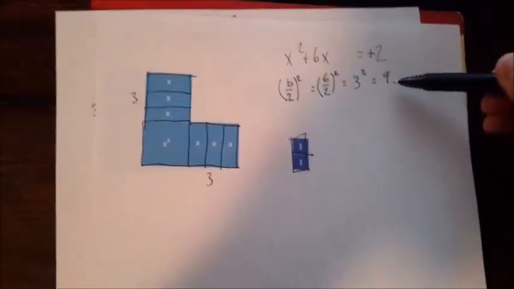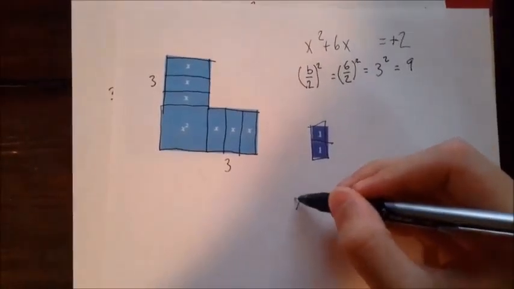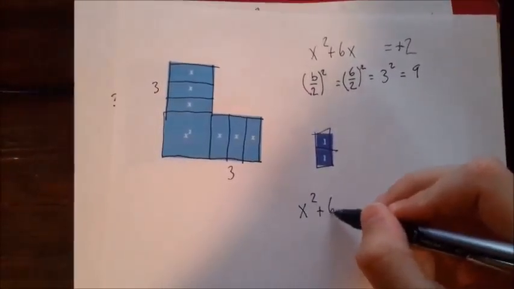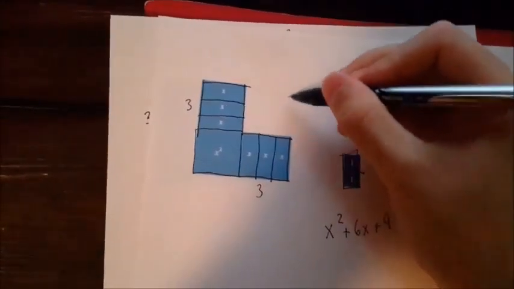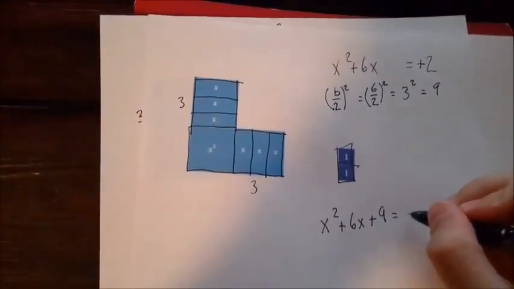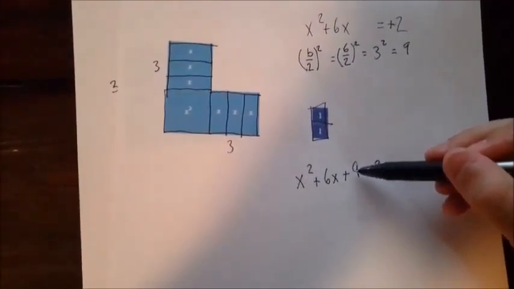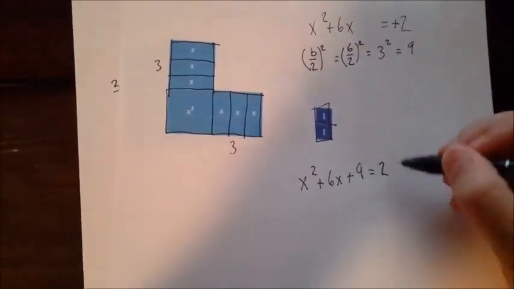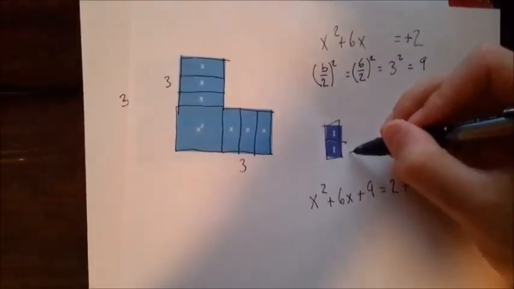Now that we know that we have to add 9 to our equation, we can rewrite it down here. We have our x squared plus our 6x plus the 9 that will complete our square here equals our positive 2. And remember from number 10, when we add to the left, we must also add to the right. So we need to add 9 to our right hand side of our equation.